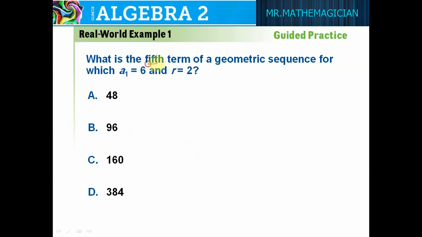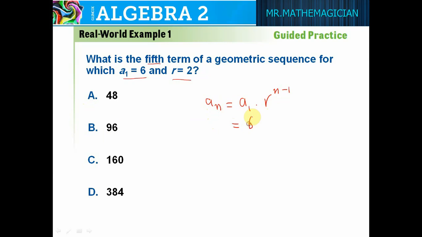What is the fifth term of a geometric sequence for which a1 is 6 and r is 2? Pause the video and try to solve, then check your answer whether it's A, B, C, or D. Now the solution. An equals a1 times r to the n minus 1.